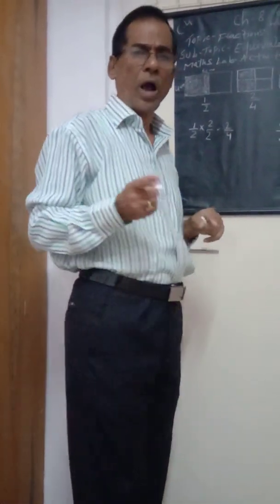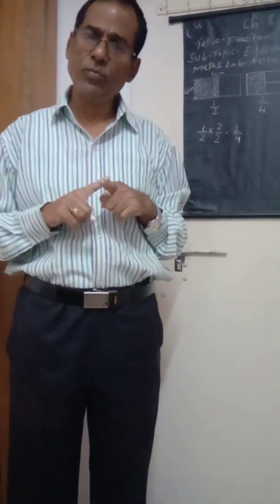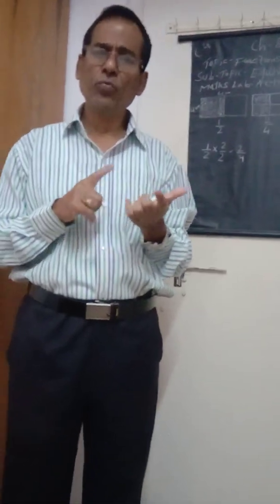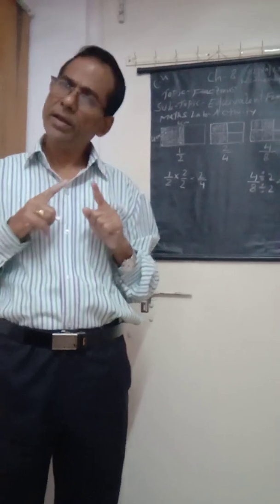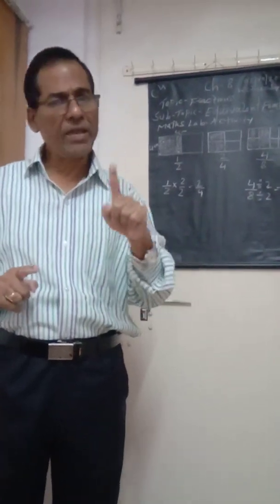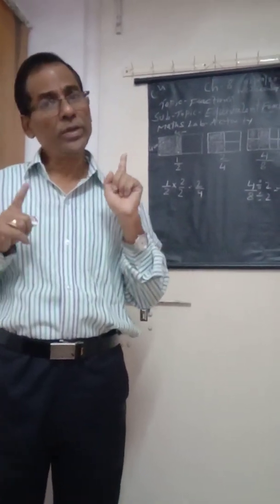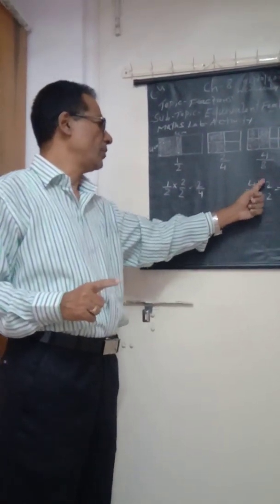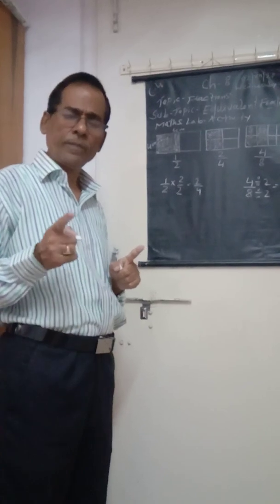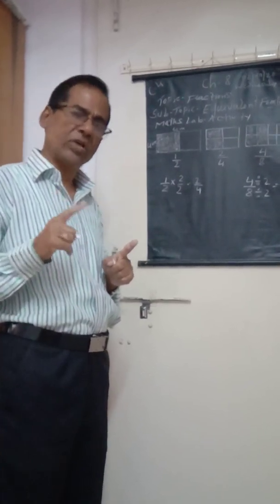So how to get the equivalent fraction? That is very important for you. If we multiply or divide the numerator and denominator with the same number, then they are called equivalent fractions.